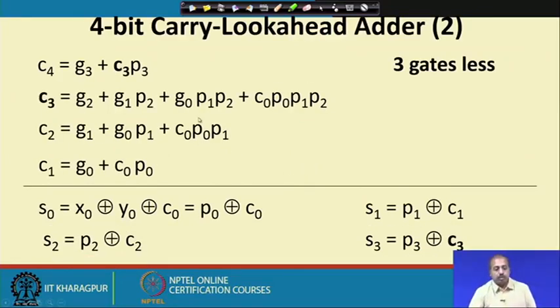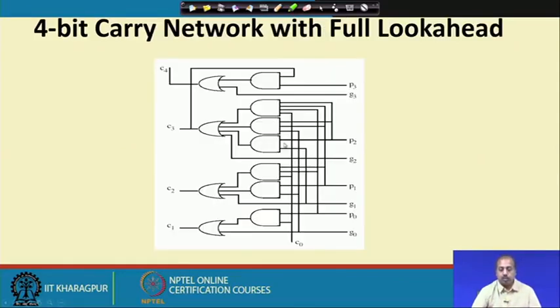Now, we can optimize it a bit, requiring 3 fewer gates, where in the C 3 expression, C 4 is G 3 plus C 3 P 3, then C 3 is G 2 plus G 1 P 2, like this. So, we can modify this previously written expression and optimize it a bit, so that it will take 3 gates less. The circuit that we get is something like this.